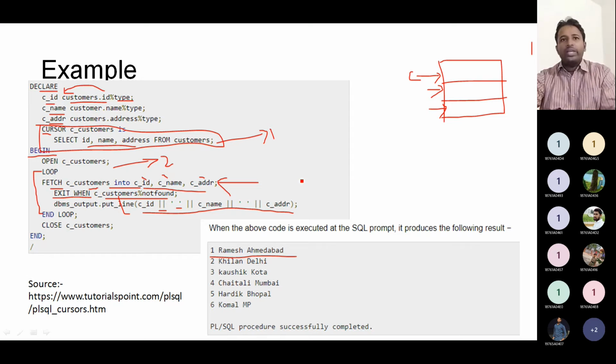It will keep on going until there are no more rows to read. So not found: the pointer will come to the last point at this location. Here there is no row, so not found will give true. When not found is true, stop it. So exit when not found, and it will come out of the loop.